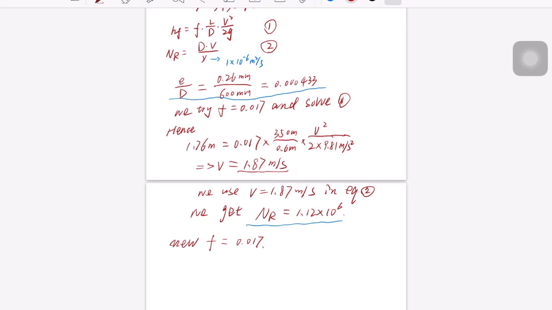So we need to know that if the friction factor was different, then additional iterations would be performed until the trial F and the computed F are essentially equal.